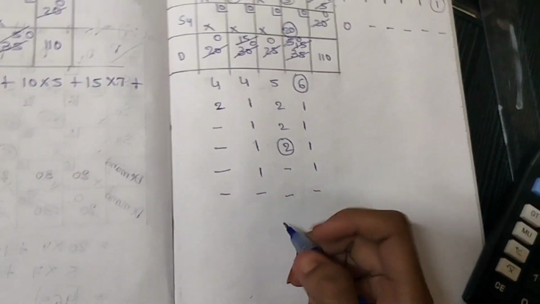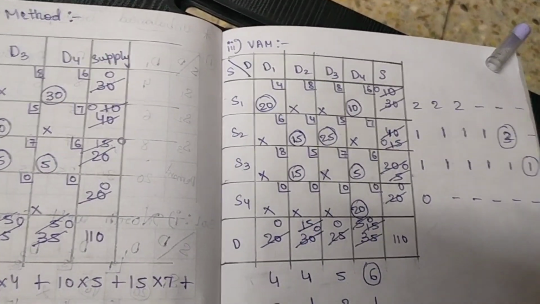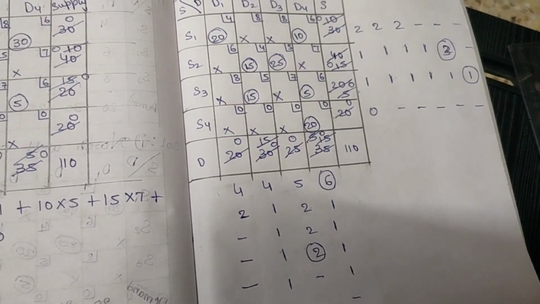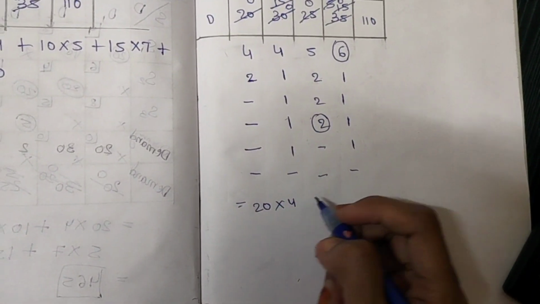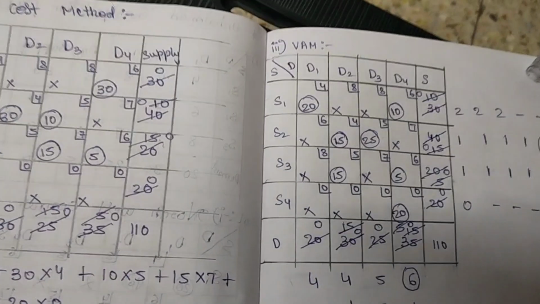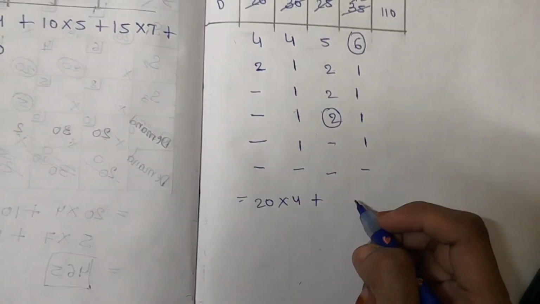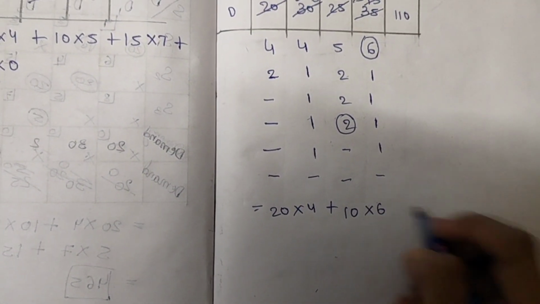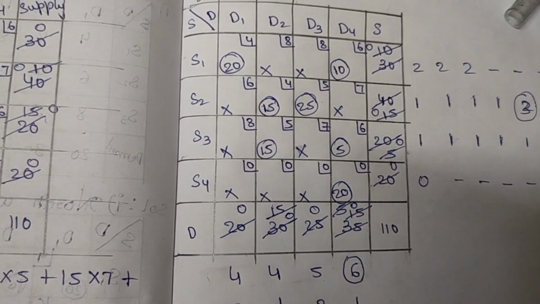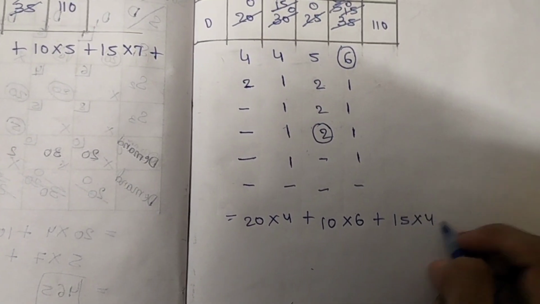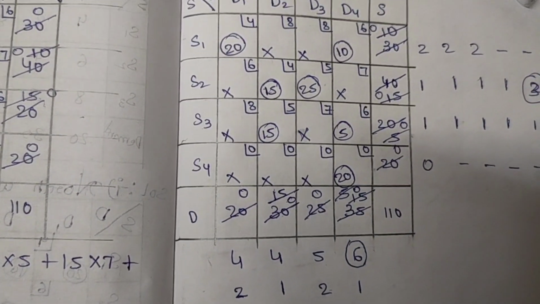So now we will calculate the total cost. For S1, D1, 20 into 4, plus for S1, D4, 10 into 6. For S2, D2, 15 into 4. For S2, D3, 25 into 5.